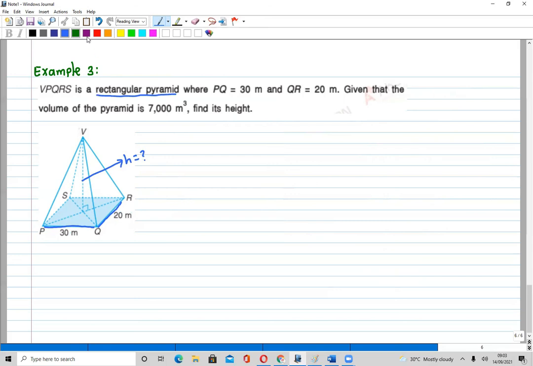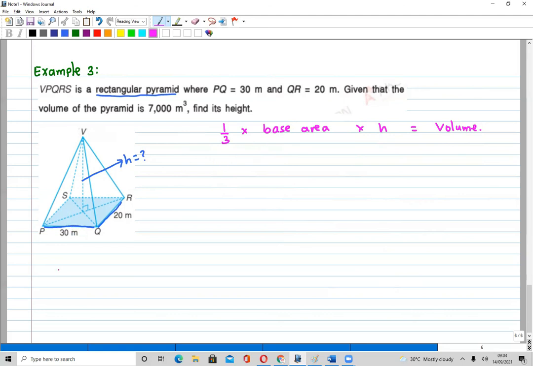Now, from the formula of getting the volume of a pyramid, we will be able to get the height. So if we have a third times the base area times the height, then we come up with the volume. Okay, now what is the base area?